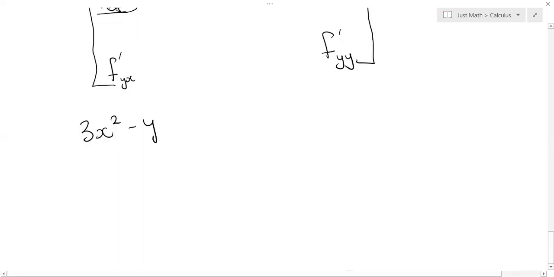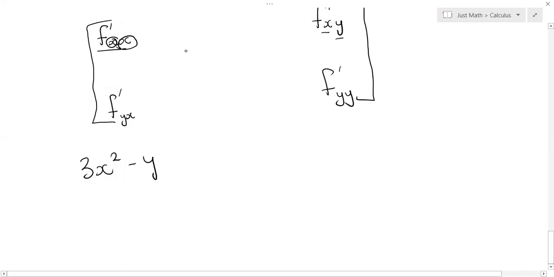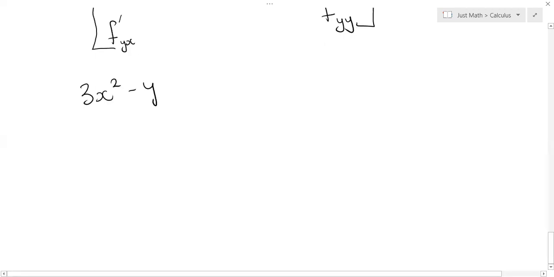So let's start with the one that has a derivative with respect to x first. These ones, where the first partial derivative is with respect to x, these two up here. Now let's find the second partial derivative with respect to x and with respect to y.